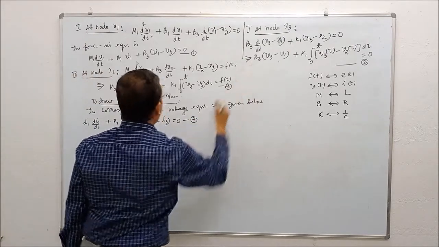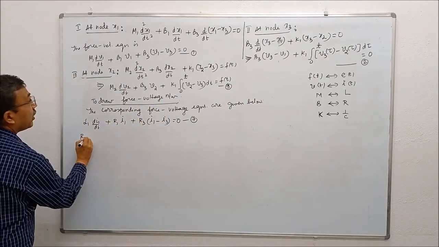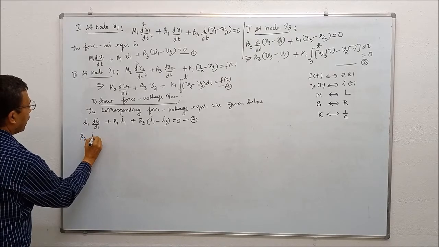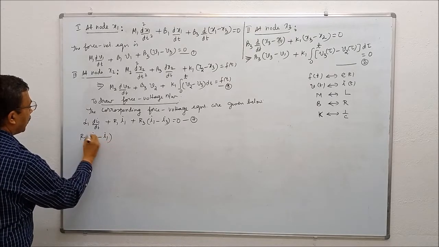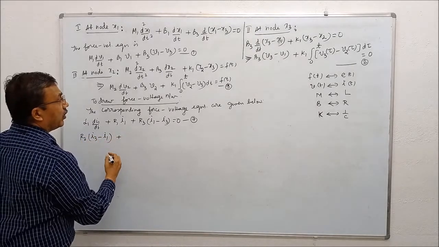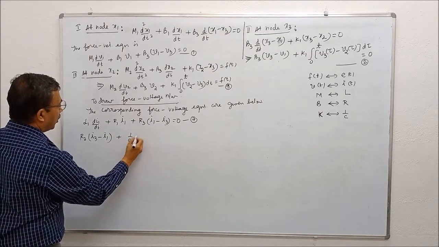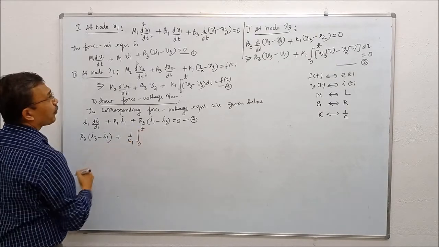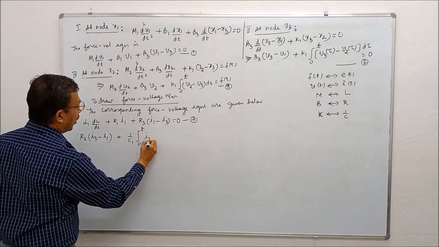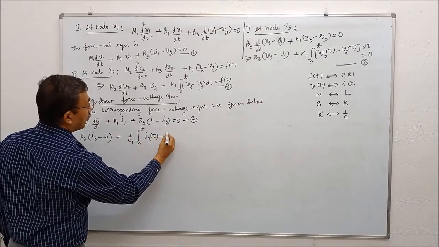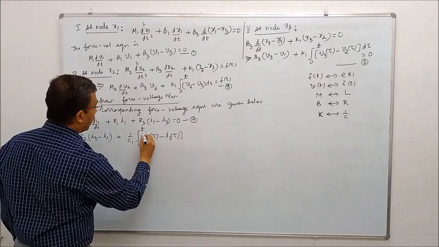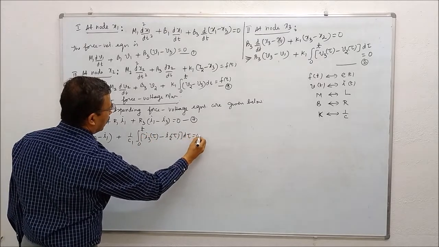Next come to this equation. B3 is replaced by R3, V3 by I3, V1 by I1 plus K1 is replaced by 1 by C1 integral 0 to t of I3 of tau minus I2 of tau d tau equal to 0.